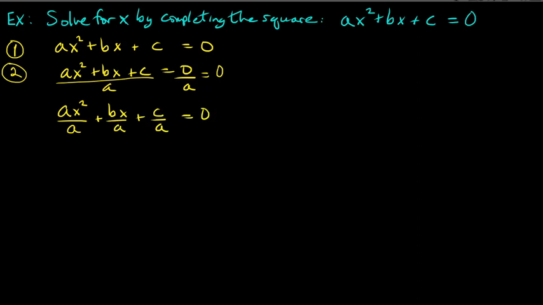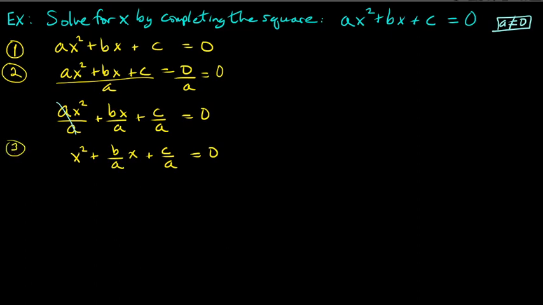Now, a divided by a is 1, so we can cancel the a's, because we're assuming a is not 0, of course. That's a condition here, otherwise it's not quadratic. So we end up with x squared plus b over a times x plus c over a times 1 equals 0. Okay, so that's step 2.